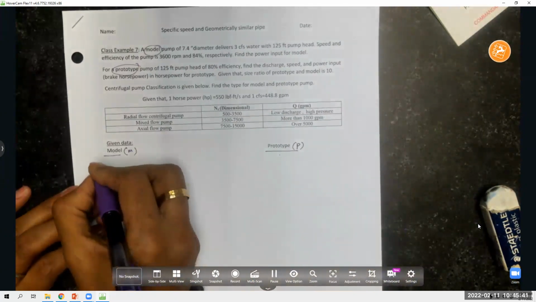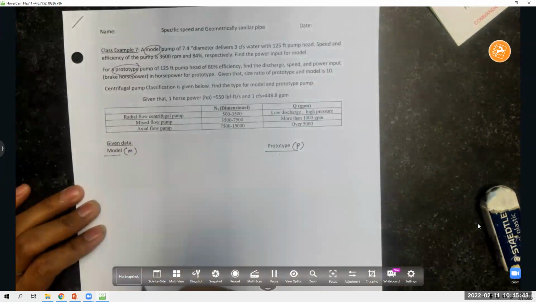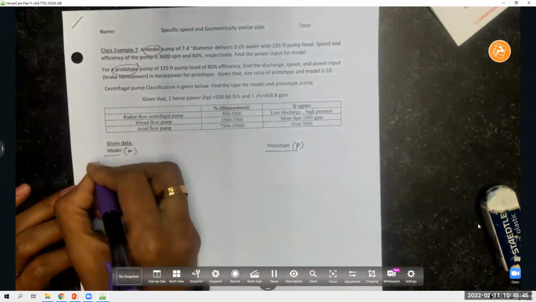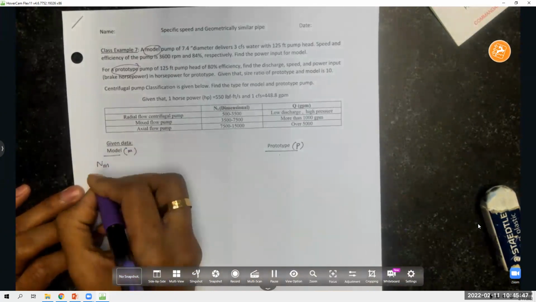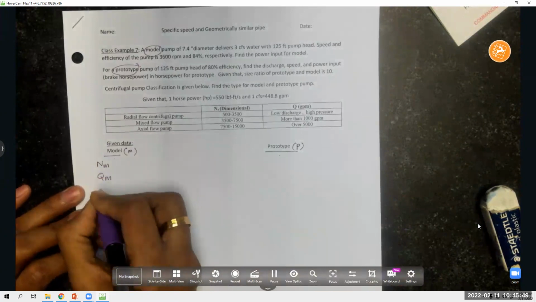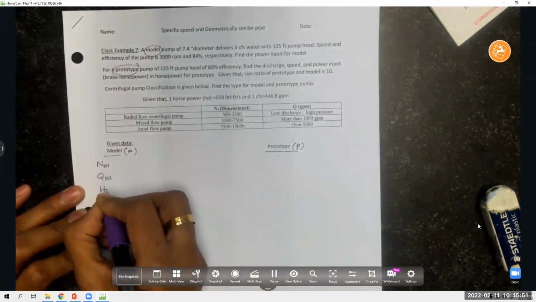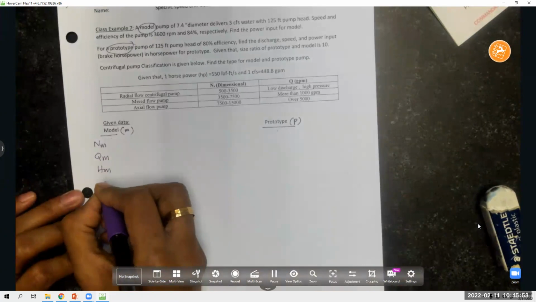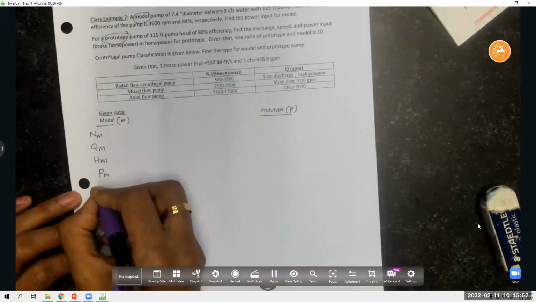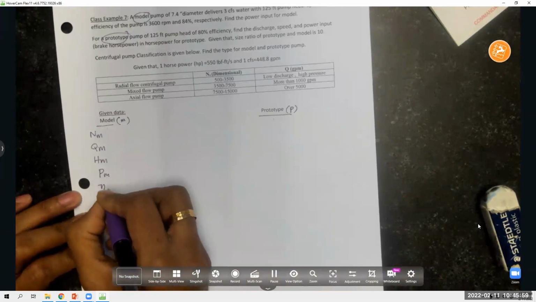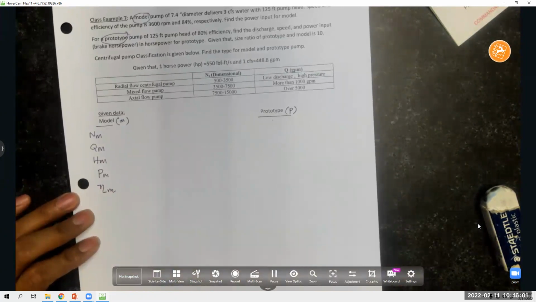So we have, since we need 5 different parameters, N_M, Q_M, H_M, P_M, and the efficiency.